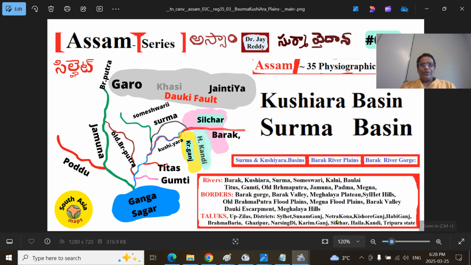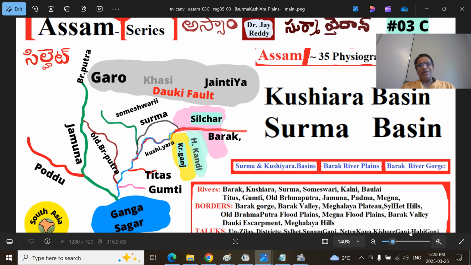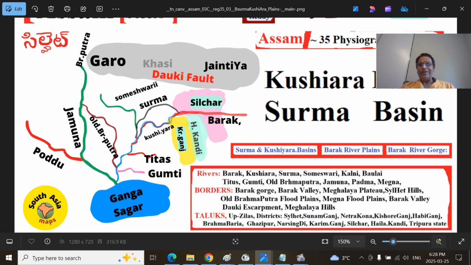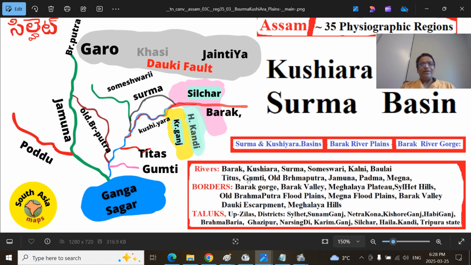So these are the rivers. The Barak river, that is the upstream region, bifurcates into Kushiyara and Surma river, and tributaries like Someshwari river, Kalni river, Baulai river, and Titas river, Gumti river, then the old Brahmaputra river and Jamuna river, that's the other name for the downstream of Brahmaputra, Padma river, the other name for Ganga Mata river, and Meghna river.